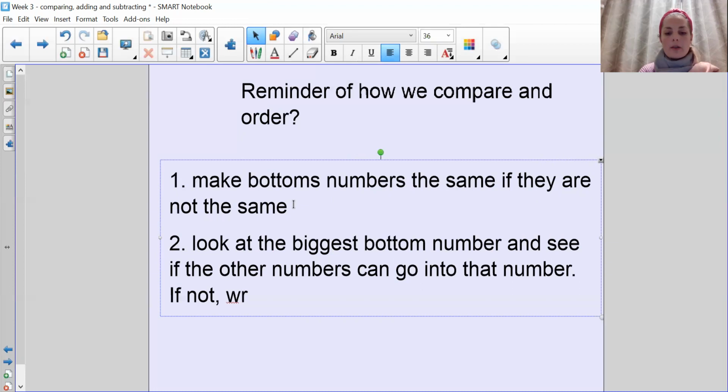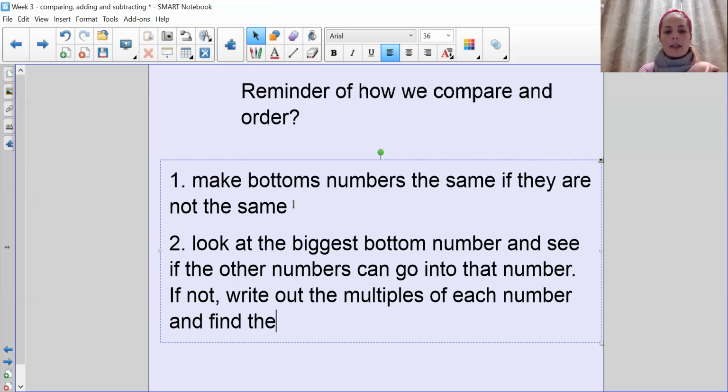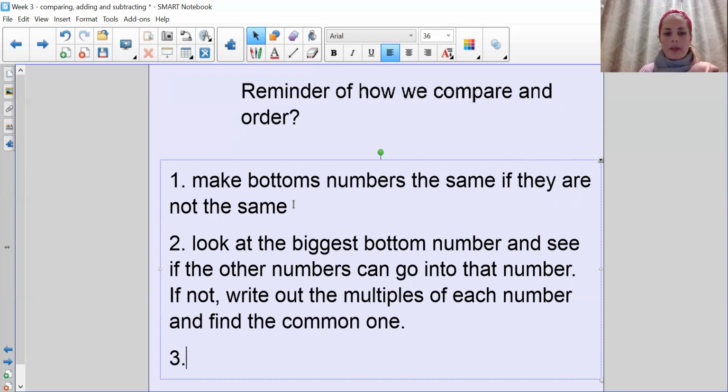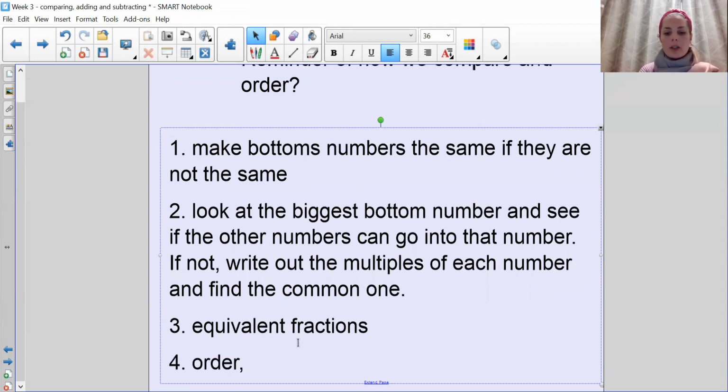If not, write out the multiples of each number and find the common one. Okay, once you've done that, make equivalent fractions and then either order them in order, remember to read your questions, or compare them.